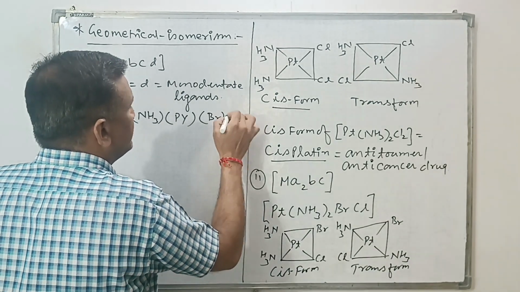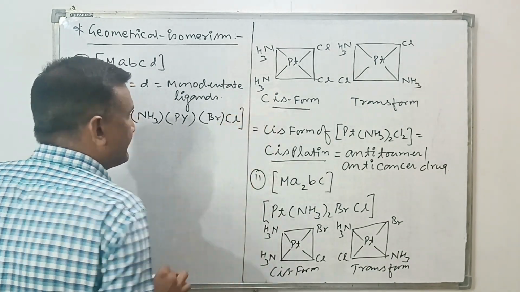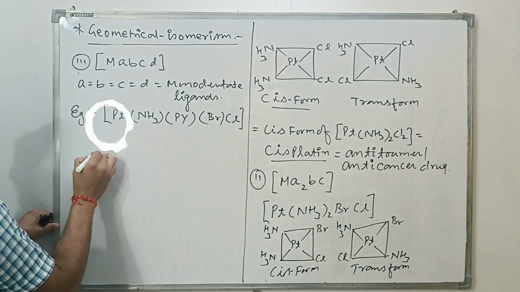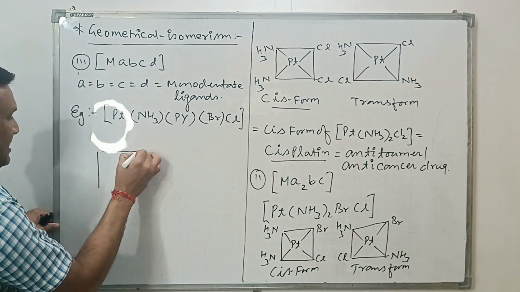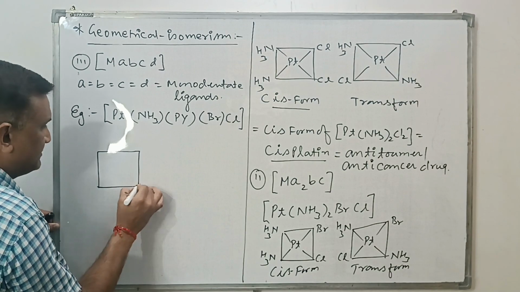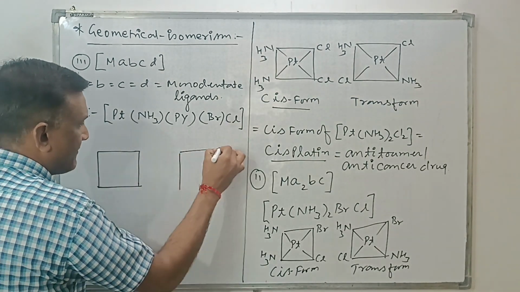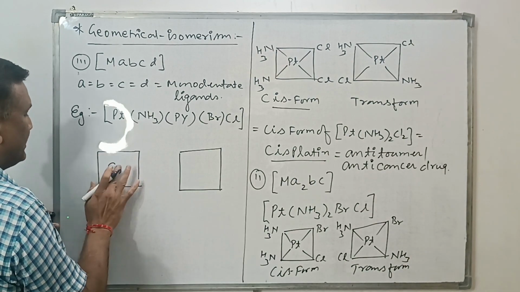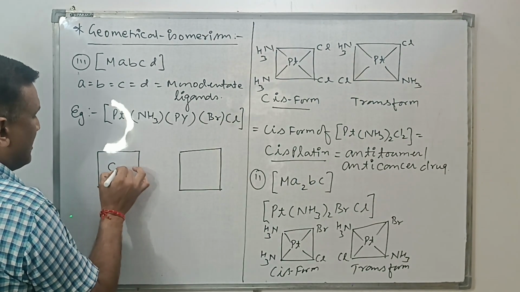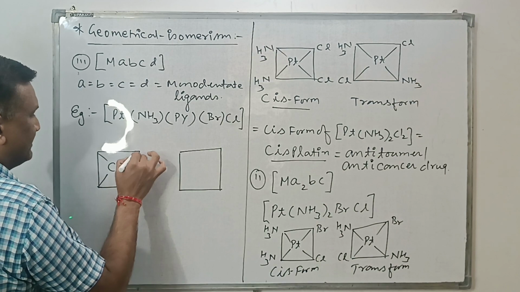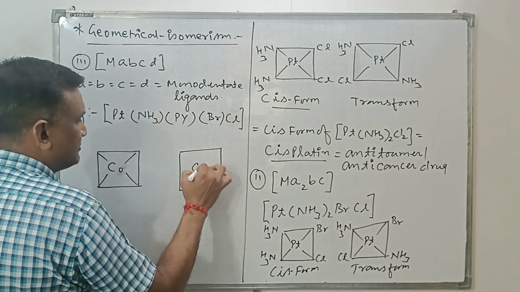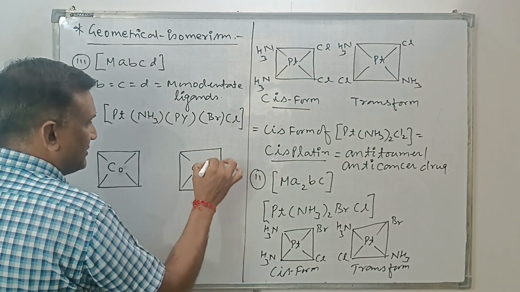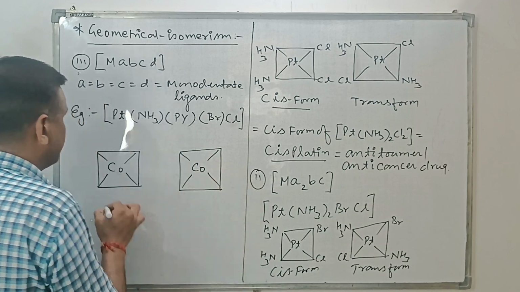Then the geometrical isomers will be as follows. You all know this topic is too important and there is a lot of matter, that's why there are a lot of videos. So keep watching because it's a very important part.